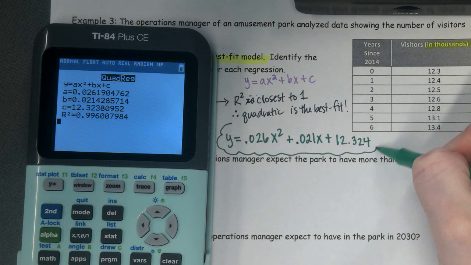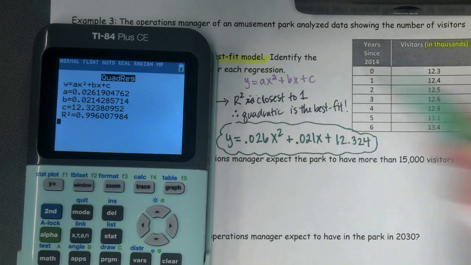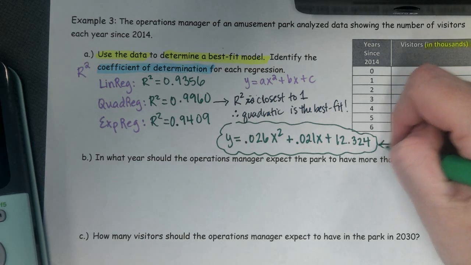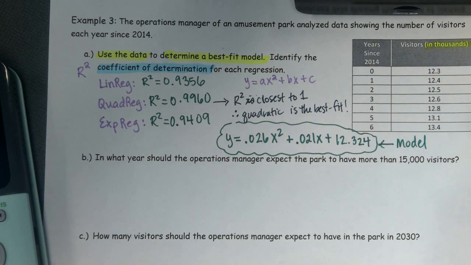This is your quadratic model. This is your model of best fit. Okay, your model does have to have y equals or f of x equals in there.